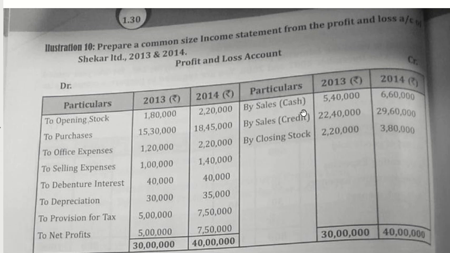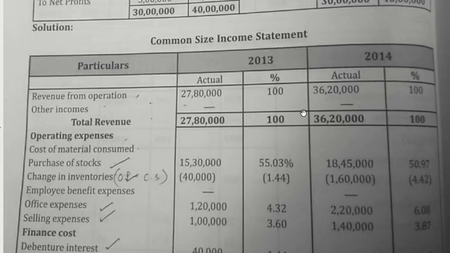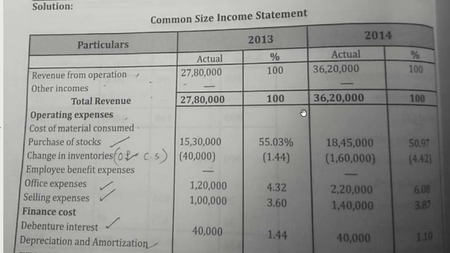So if you see, they have given sales as two things, one is cash, one is credit. So revenue from operation, you will take total of your sales, which is cash plus credit. So let us move on to your common size income statement.